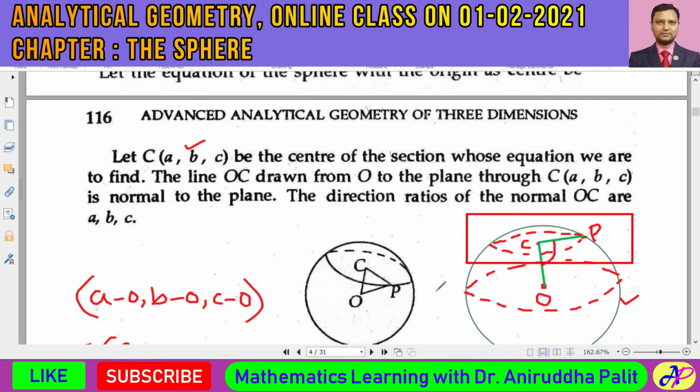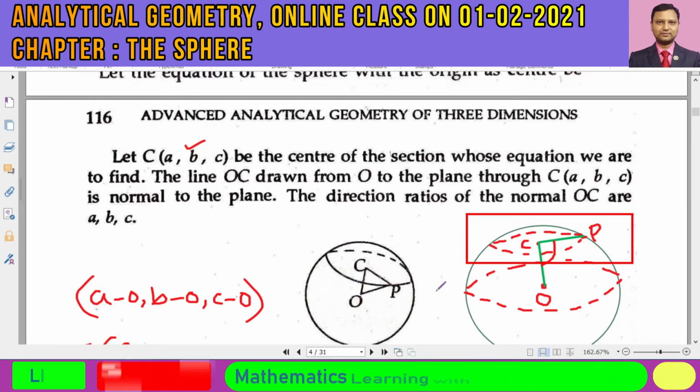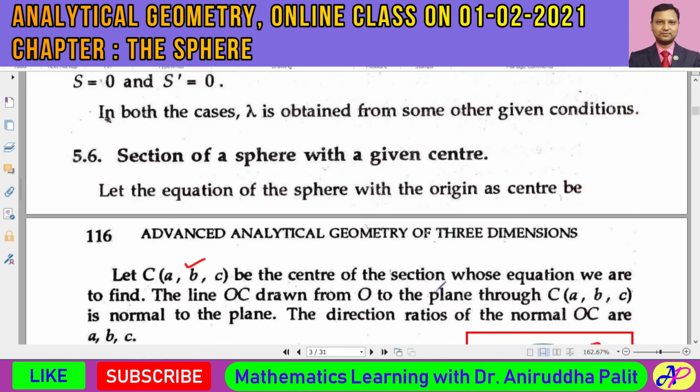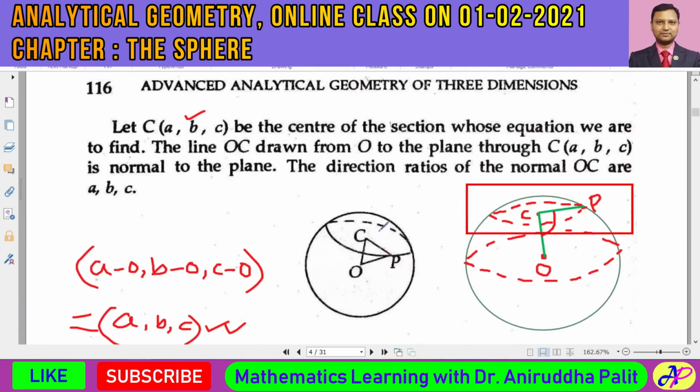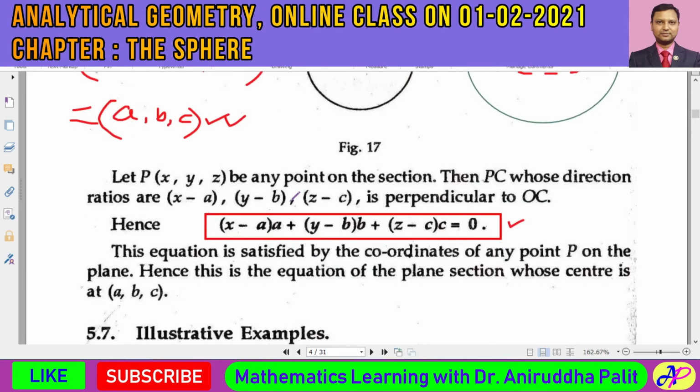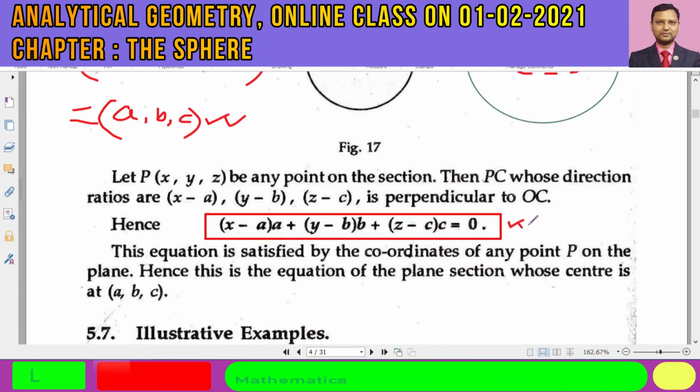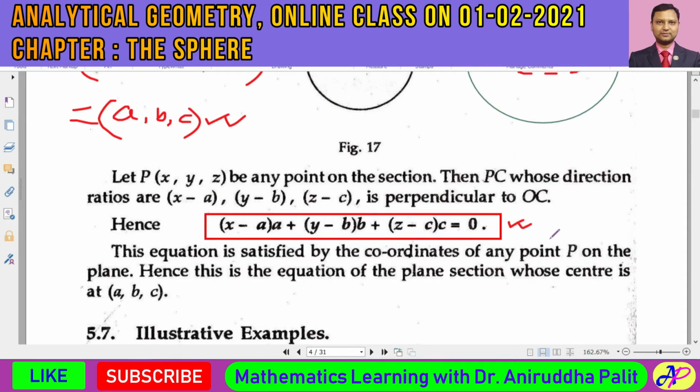Got it? So in this way we will be able to find the section of the sphere with a given center. If the coordinates of the center C are provided, we will be able to find the section by this kind of plane.